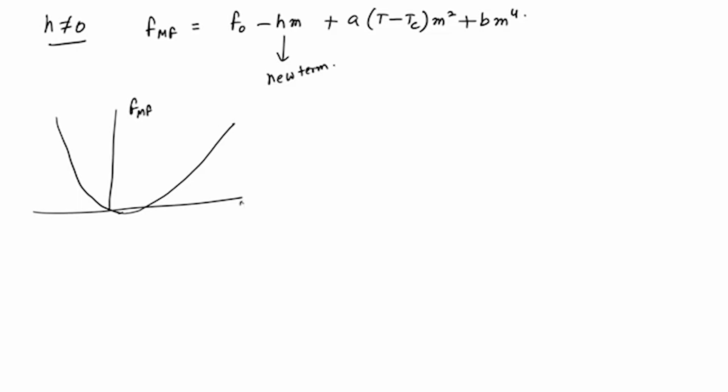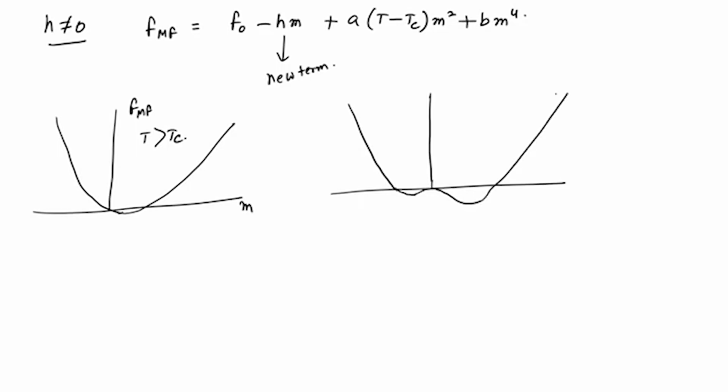So this is F_MF versus M. So this is T greater than Tc, and similarly for T equal to Tc, and for T less than Tc, this is F_MF versus M. So this is skewed, but it has two minima. One of them is of course deeper than the other.